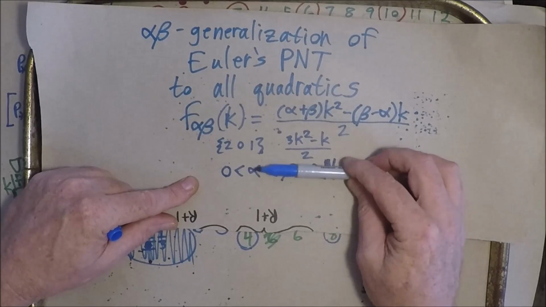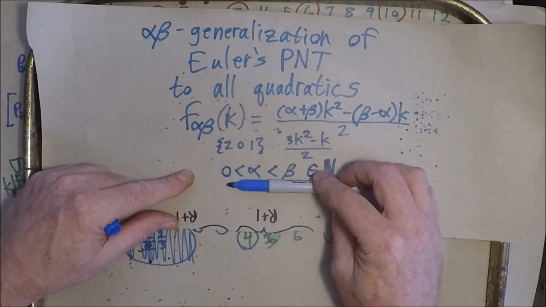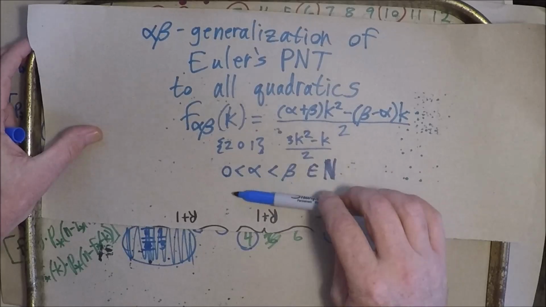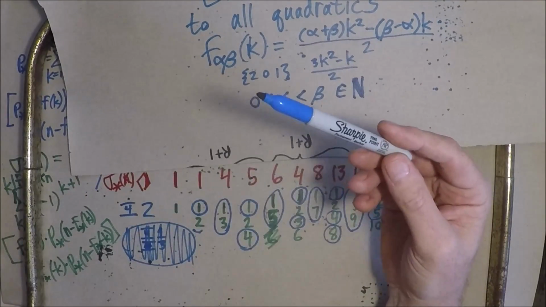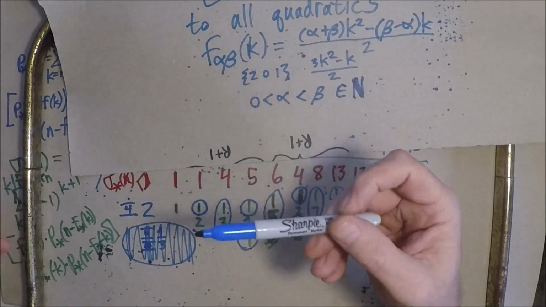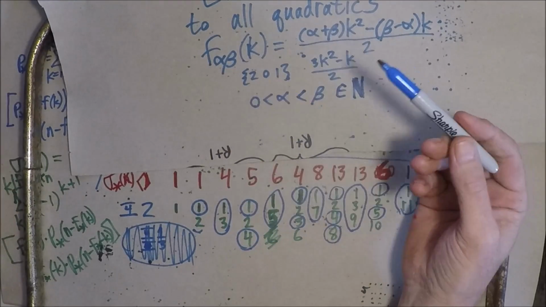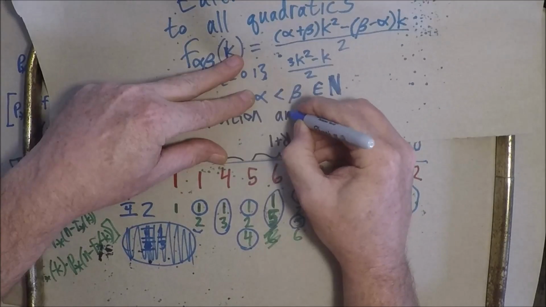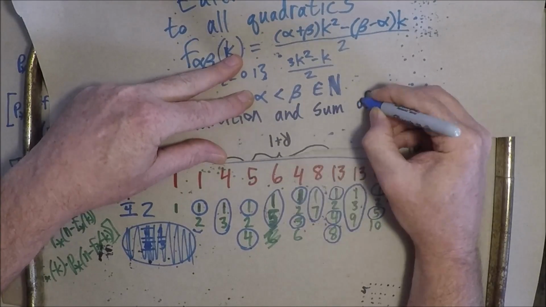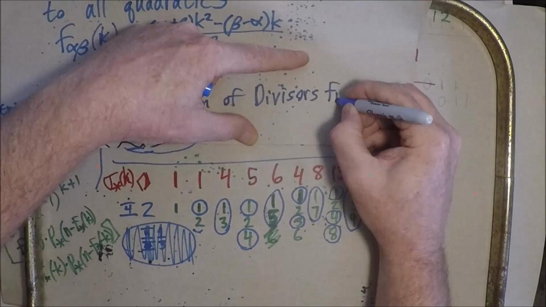This is what the generalization is over all of these alpha beta. And we're going to get analogous recurrences, identities, and restricted partition and sum of divisors functions.